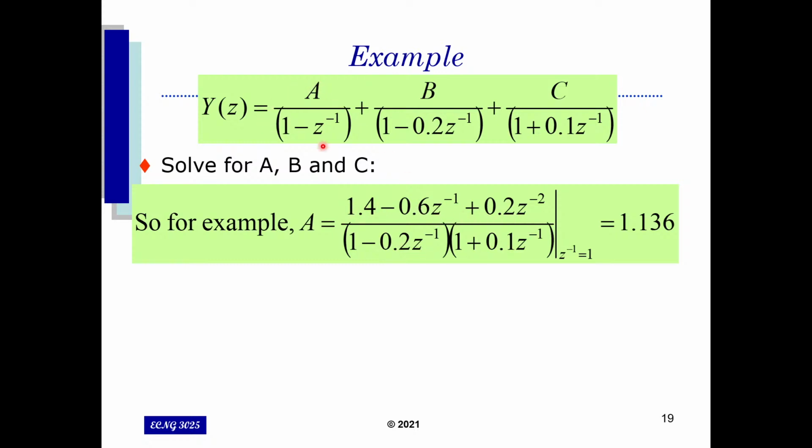So we watch the term of a here, 1 minus z to the negative 1 in the denominator, and we say, okay, let 1 minus z to the negative 1 equal 0, and as such z to the negative 1 is going to be equal to a value of 1. So we substitute that value of z to the minus 1 equals 1 into this equation for solving for a, and as a result we can get our a value accordingly.